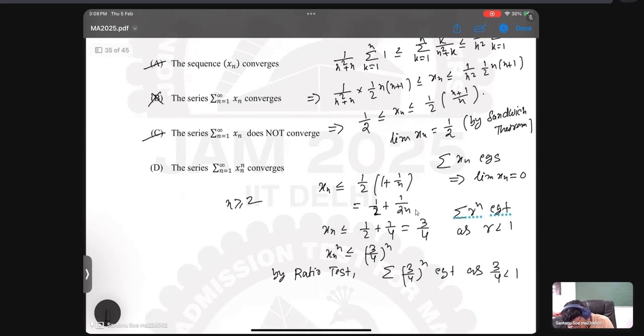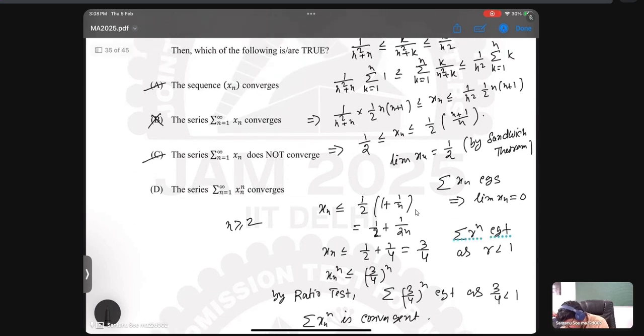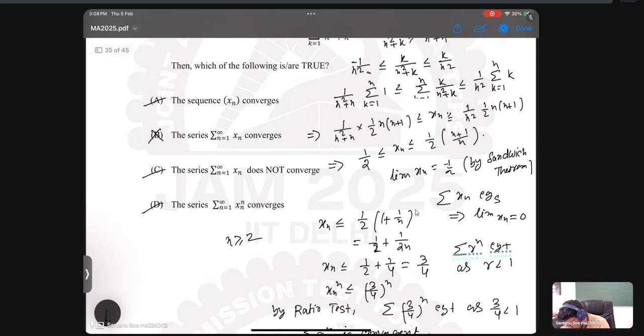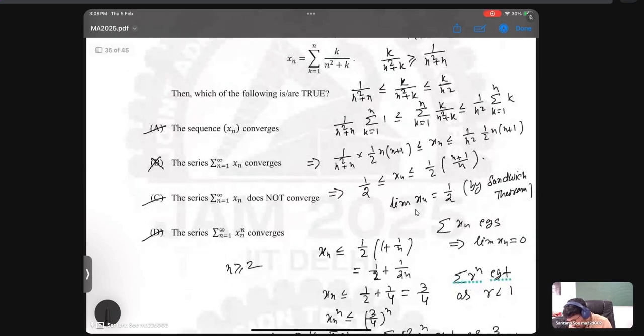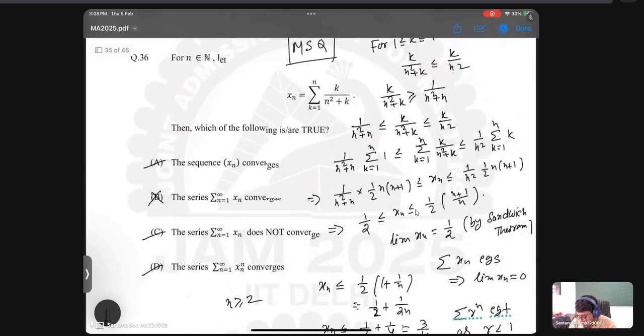So by comparison, summation x_n to the power n is convergent. From here we can say that option D is true. So for this question, options A, C, and D are true.